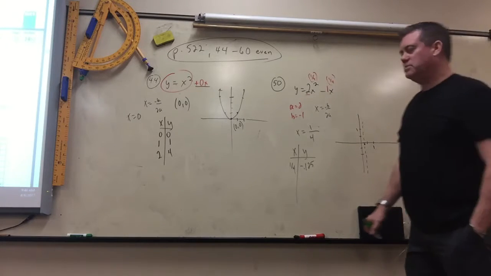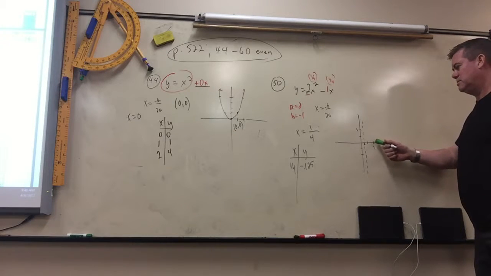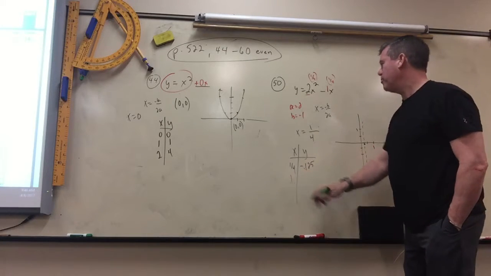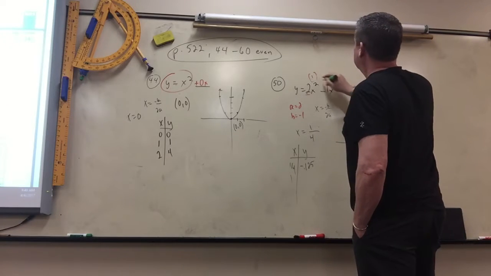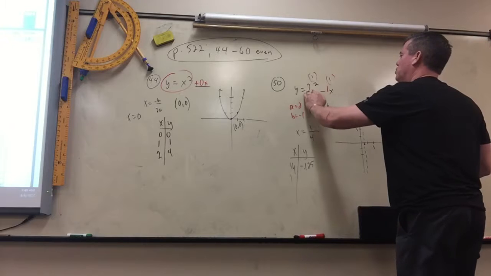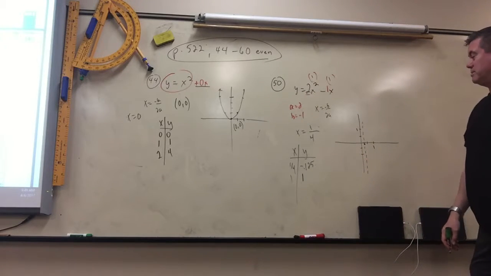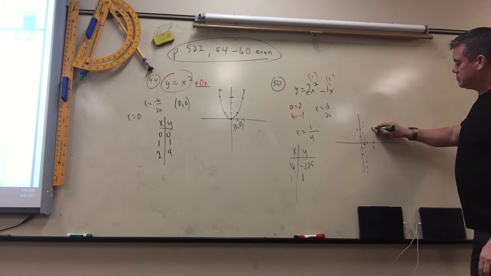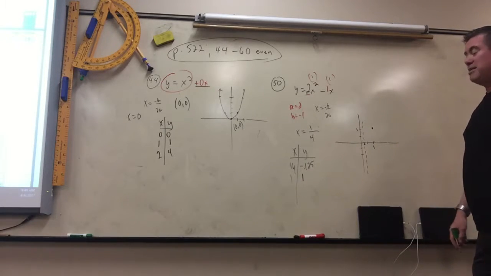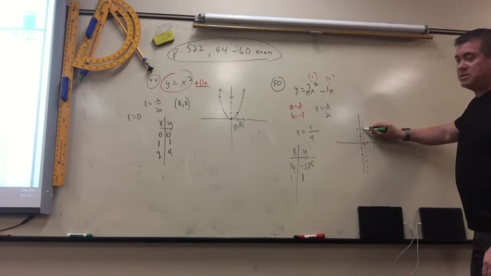So then, what's a good number to plug in? 1. So we plug 1 in here, and we get 2, take away 1 is 1. So at 1 over, 1 up. And then you gotta flip it over. So if you count, this is a half a space and a fourth of a space.